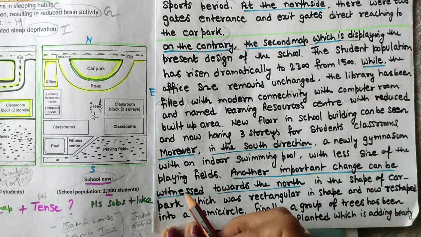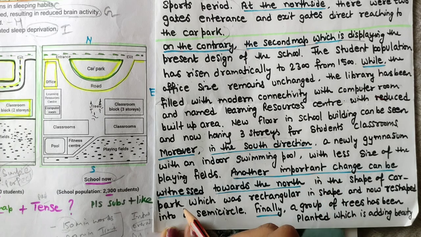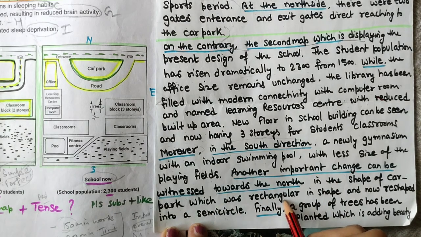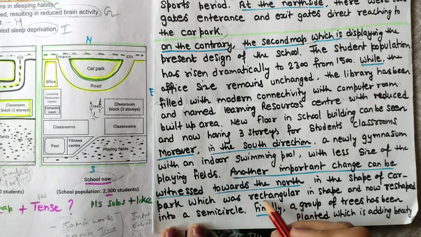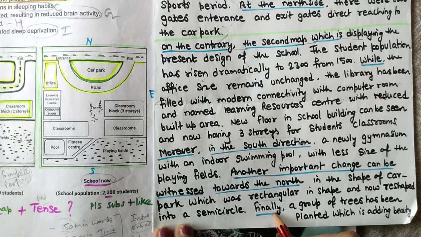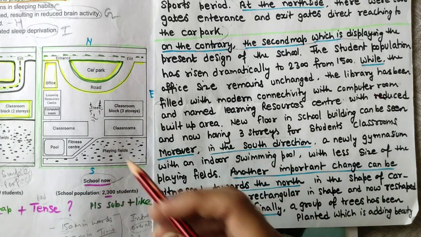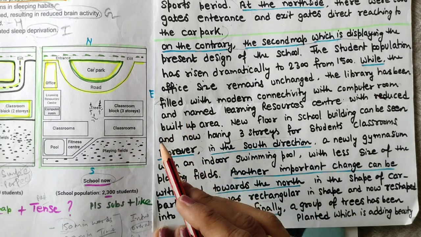Another important change can be witnessed towards the north in the shape of the car park, which was rectangular in shape, see this comparison with the old, and is now reshaped into a semicircle. Finally, a group of trees has been planted, which is adding beauty to the school campus.